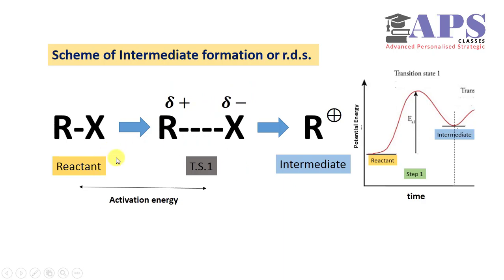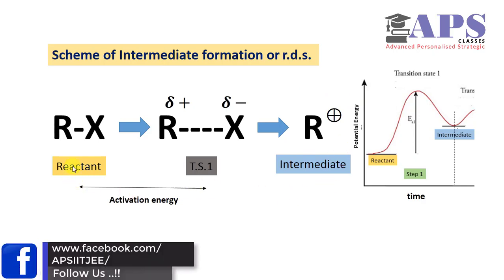So from reactant to transition state, there will be an increase in polarity. From transition state to intermediate, the increase in polarity is even more due to the presence of the carbocation. The activation energy is represented by the energy difference between reactant and transition state.